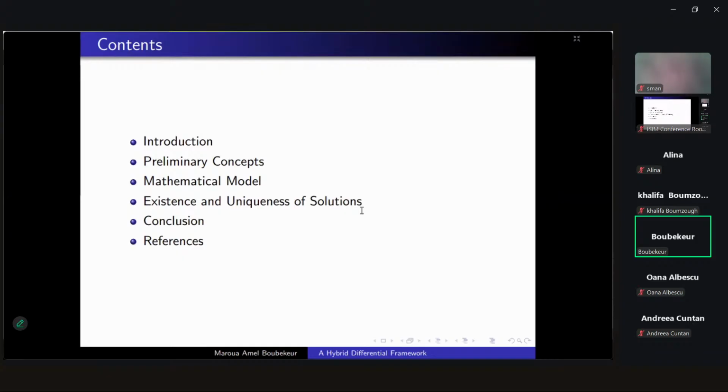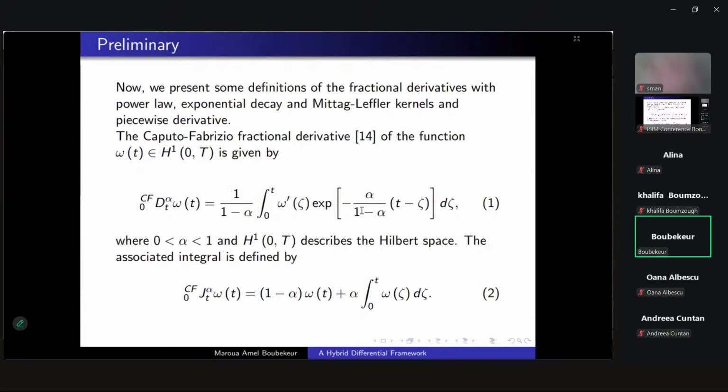Next, I will cover the primary concepts, which include the key mathematical definitions necessary to understand the model. After, I will present the mathematical model explained by equations, and finally the conclusion, numerical simulation and some references.